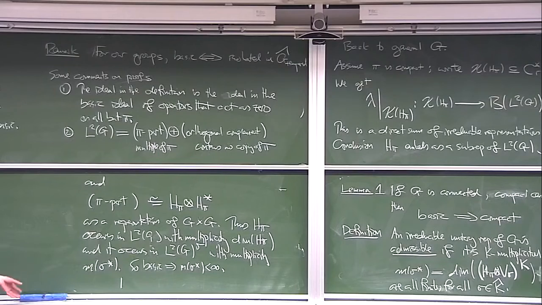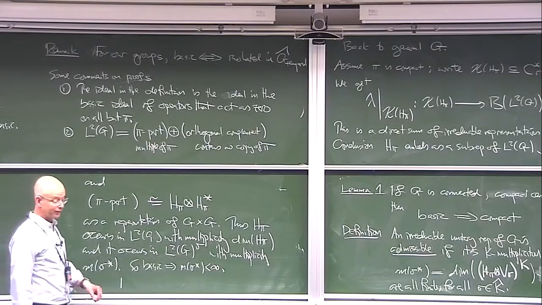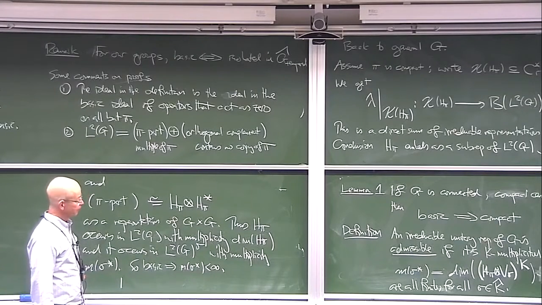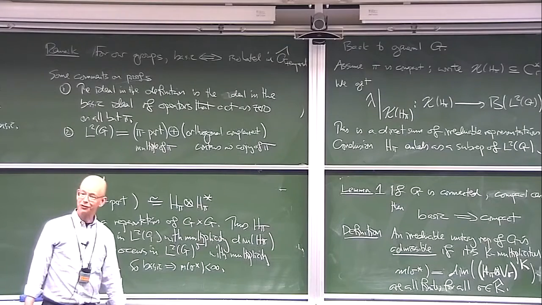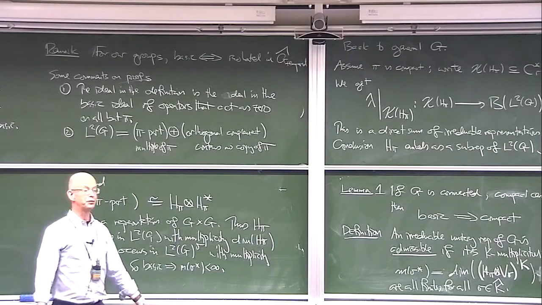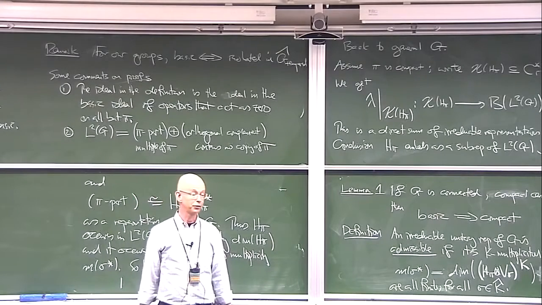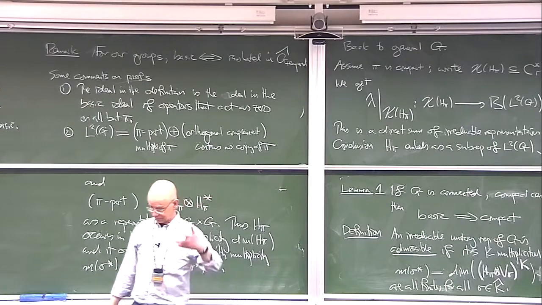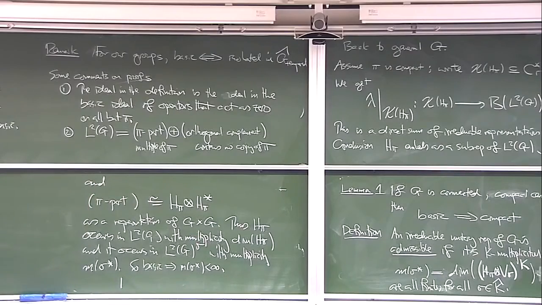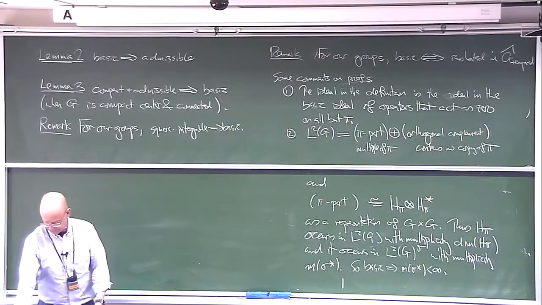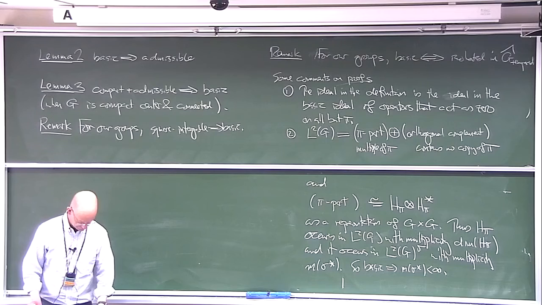But then there are the non-basic representations, which we hope to understand, so to speak, by induction, by pretending that we understand all groups of real rank 11, let's say, as I said this morning, and using that knowledge to understand all groups of real rank 12, and so on. All right, very good. I made a few notes.